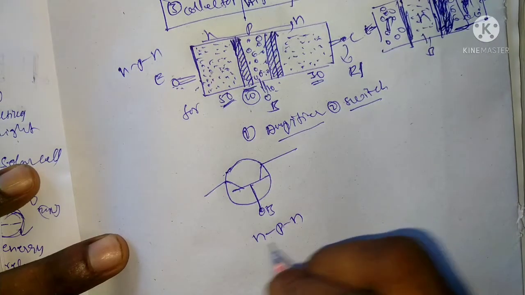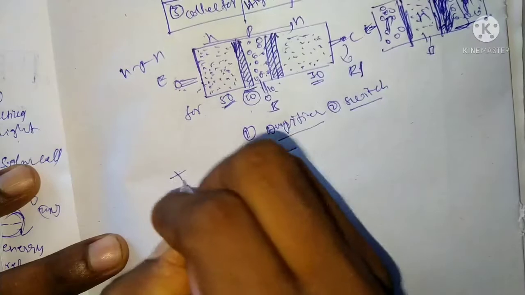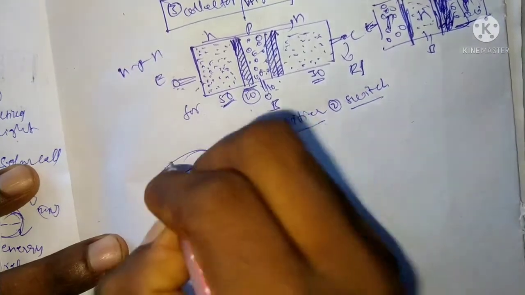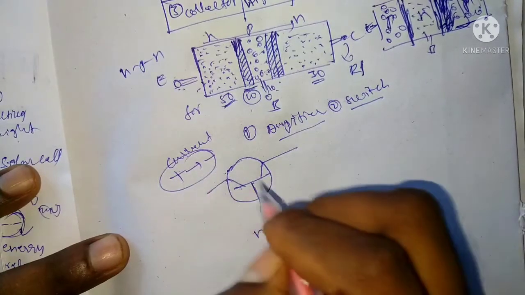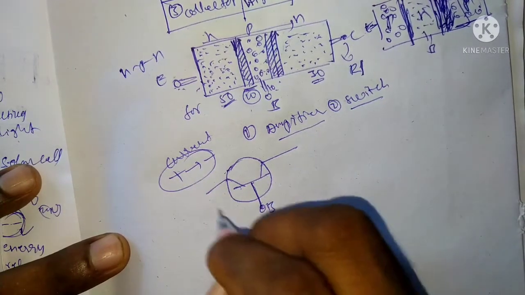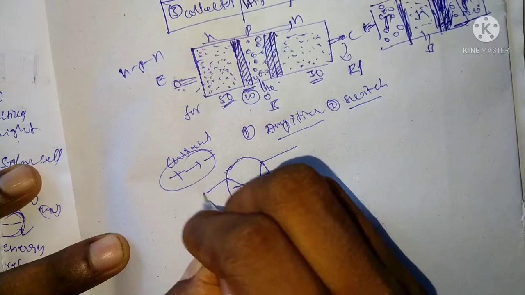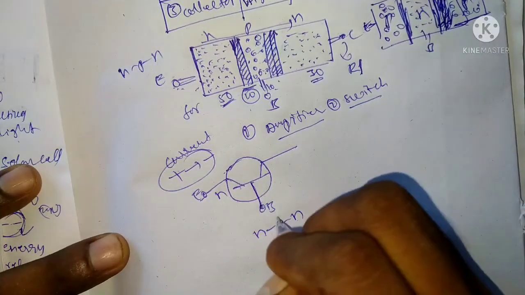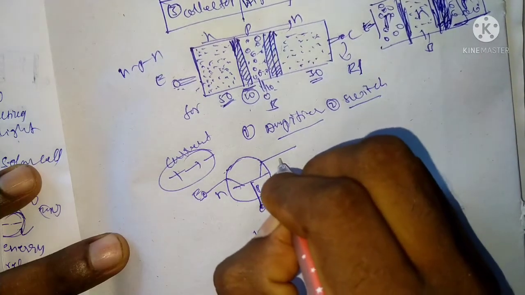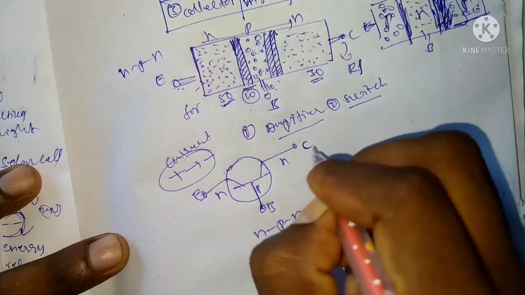Always, what is the direction of the current? Positive to negative. Current direction is always positive to negative. In NPN, this is N, the emitter; this is N; P; N, the collector.